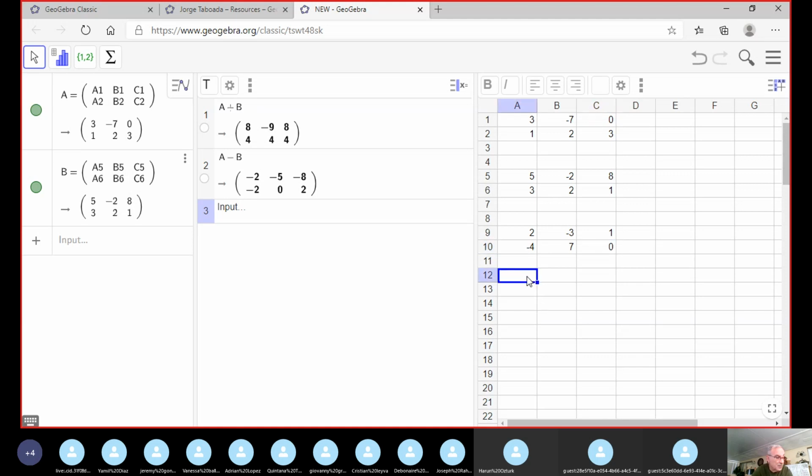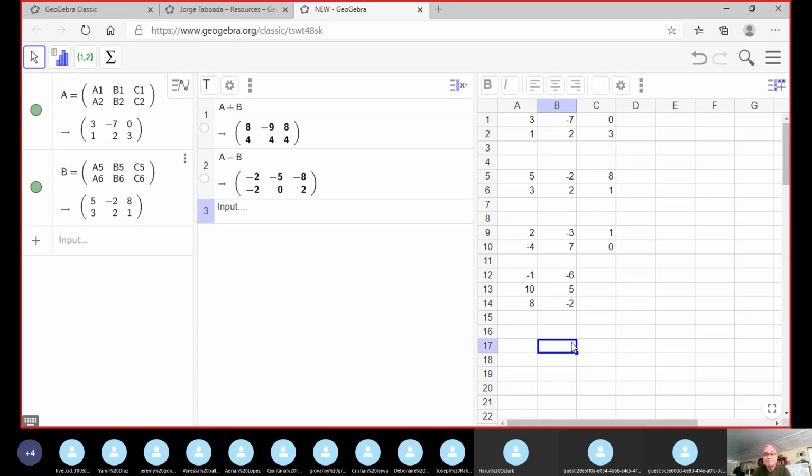This is my matrix C. My matrix D is negative 1, negative 6, and so on. Very important: be careful when you type, when you edit the matrix, because if you change a number or a sign, we are doing a totally different problem, and we don't get the answer we need. 8 and negative 2.